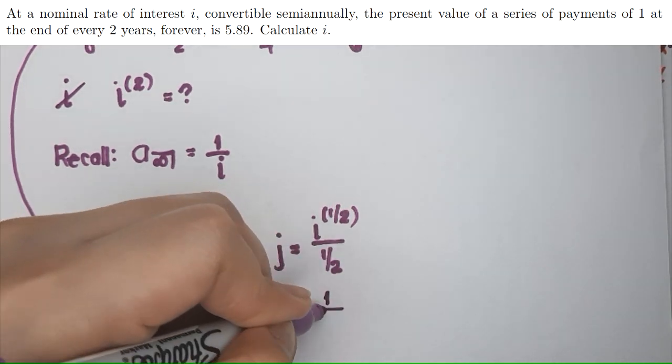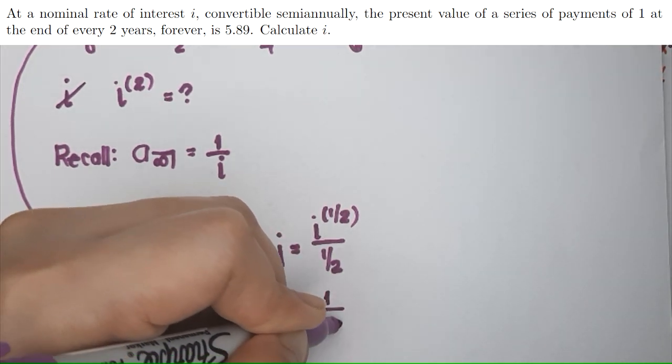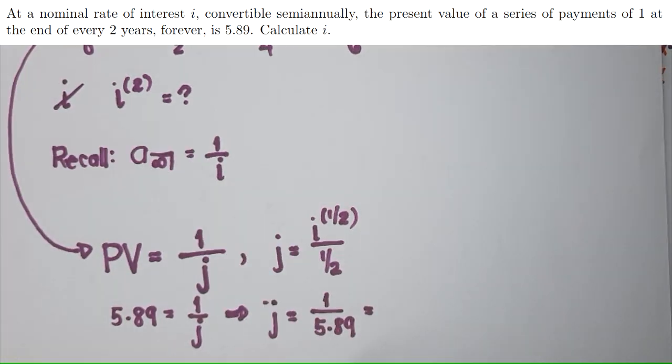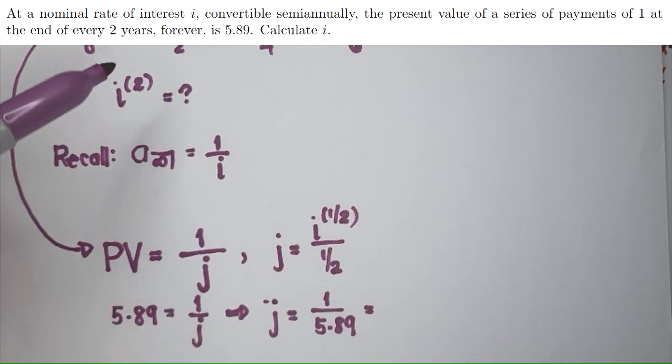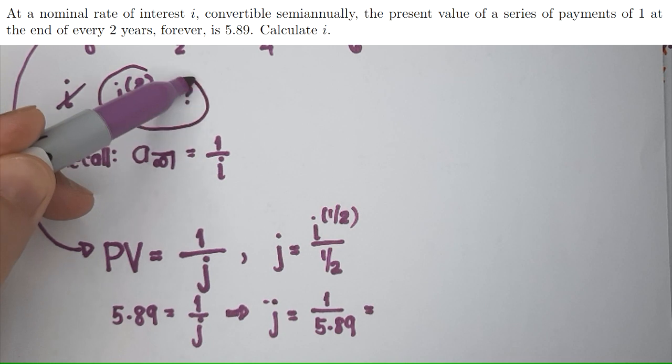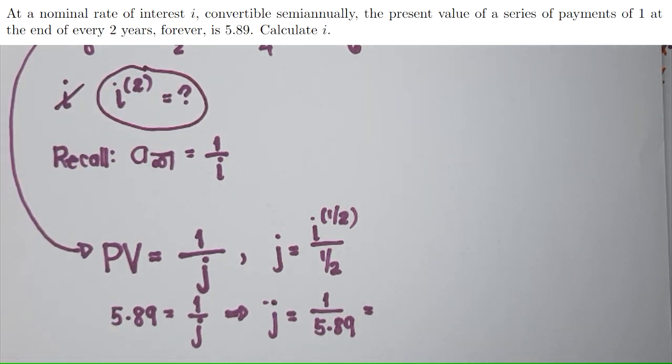So, j is equal to 1 over 5.89. It's up to you if you want to evaluate 1 divided by 5.89, but you need to know that this is not yet what you are looking for. What are we looking for? This, the i upper 2.